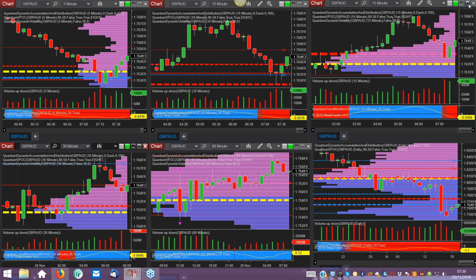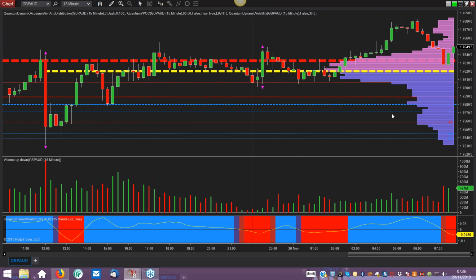If you go to the 15, for example, what does the 15 tell you? Well, you've got the volume point of control here, which is sitting below. So as the market approaches this level, and you've also got a huge amount of price congestion over here, which is described on the volume point of control with this huge amount of volume.